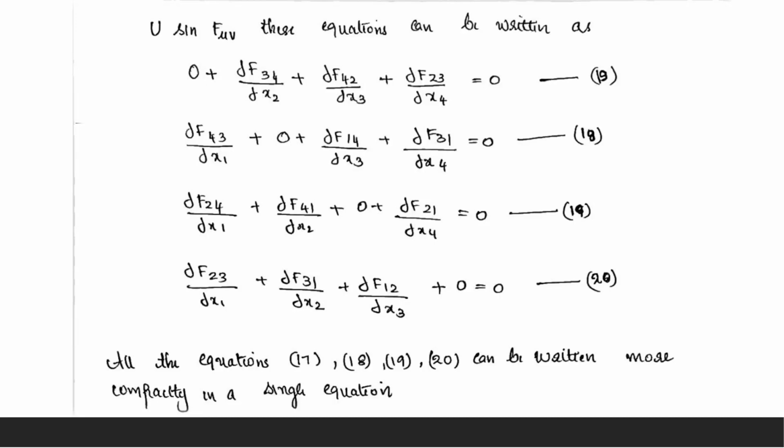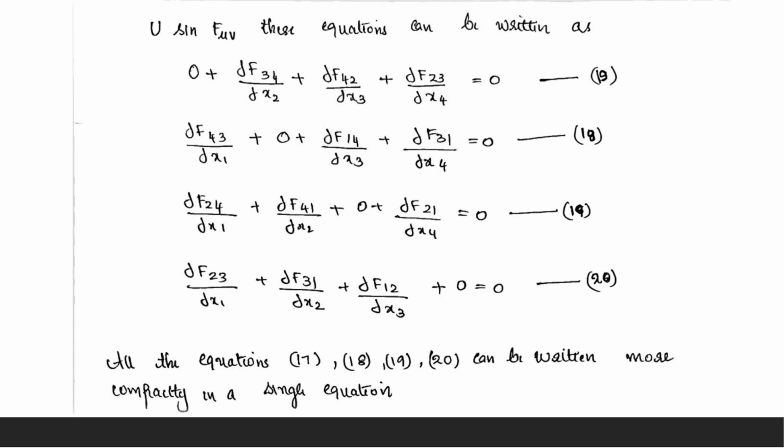Using F_μν, these equations can be written as 0 plus ∂F34 by ∂x2 plus ∂F24 by ∂x3 plus ∂F23 by ∂x4 is equal to 0, which is equation number 17. ∂F43 by ∂x1 plus 0 plus ∂F14 by ∂x3 plus ∂F31 by ∂x4 is equal to 0, which is equation number 18.